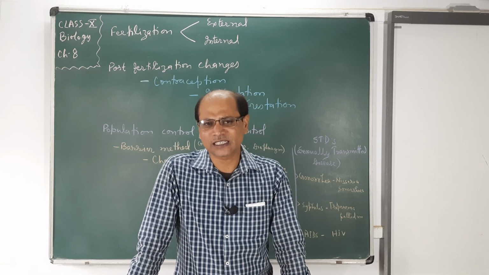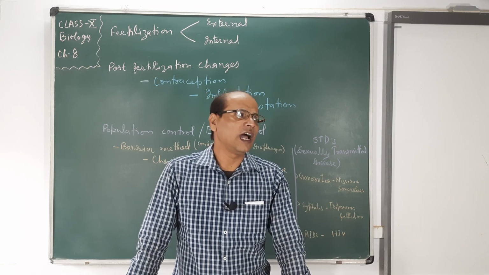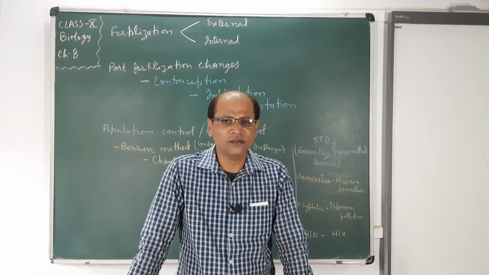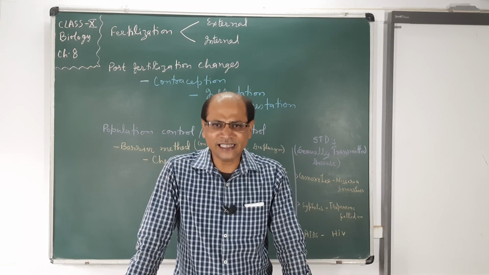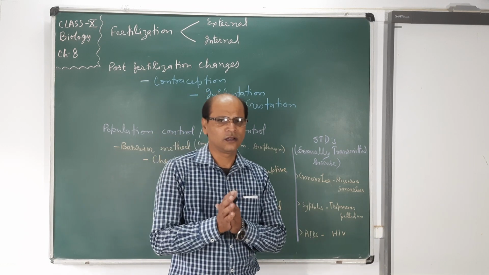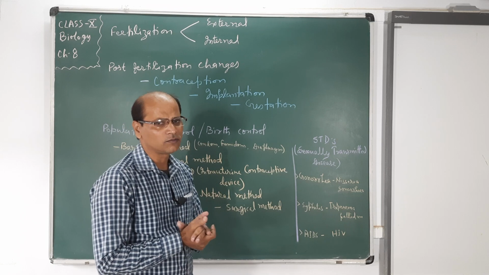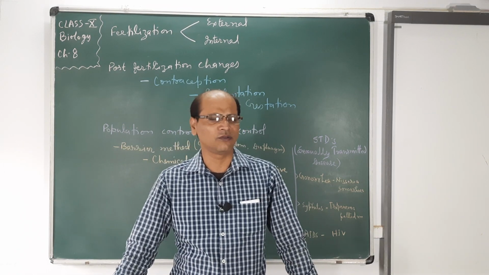In this class we will discuss the activity of fertilization a little bit, and after that the changes that take place in the body of the female after fertilization, and then how we control the population, mainly birth control. Population is increasing; our country has the second largest population of the world.